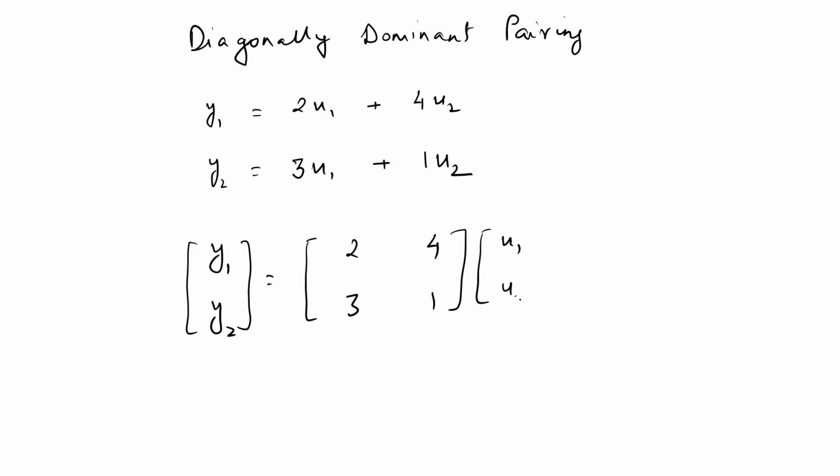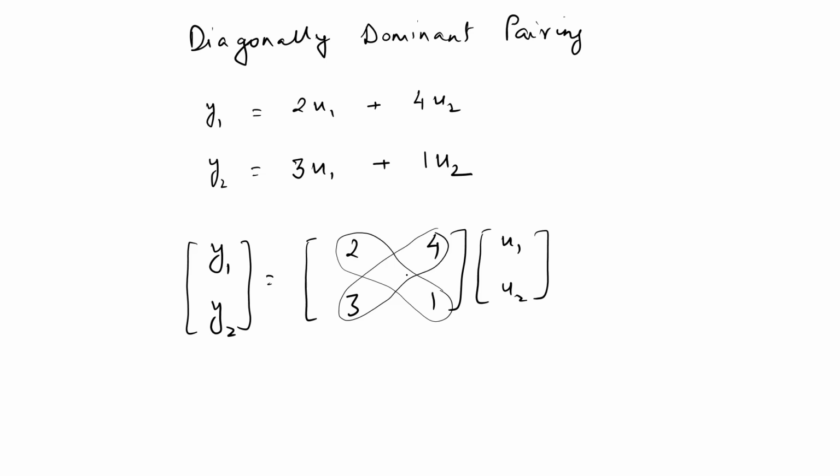Now let us say I do the y1-u1 and y2-u2 pairing. In that case, you see the cross terms are larger than the diagonal terms, so this is not a good pairing. The interaction terms are more intense, because the cross diagonal terms are larger in magnitude than the main diagonal terms.